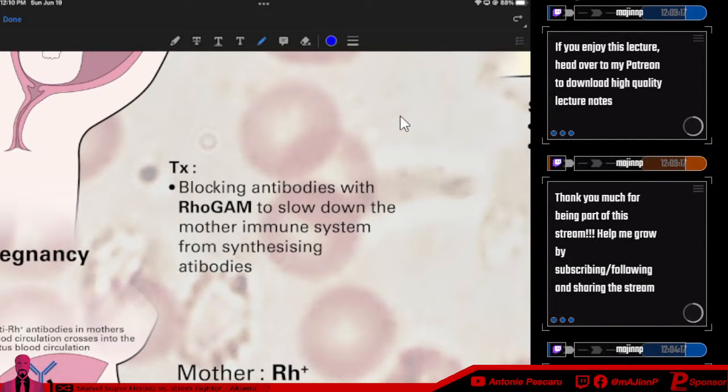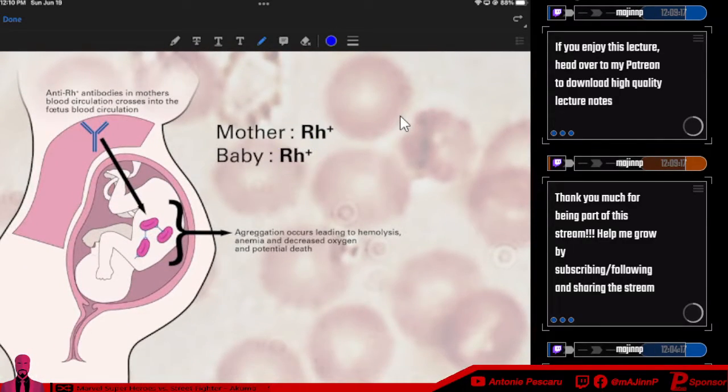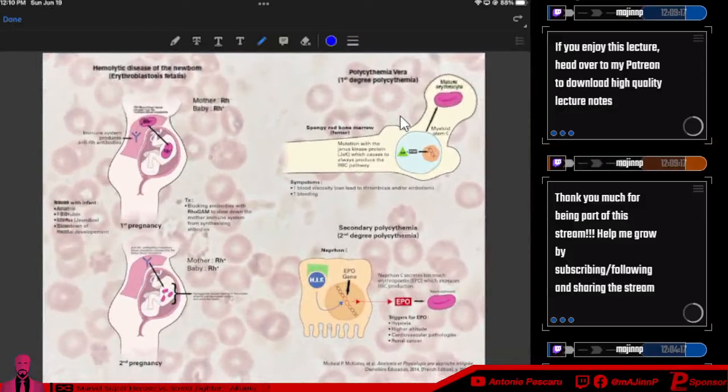There's one treatment so far that exists, because you have to catch it fast. The earlier the better, and they prescribe a medication called Rogam to block the antibody, to slow down the mother's immune system from synthesizing antibodies, and to also block the antibodies from interacting with the baby's Rh positive red blood cells.